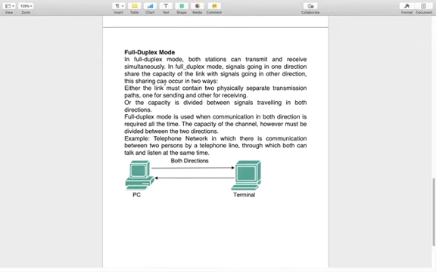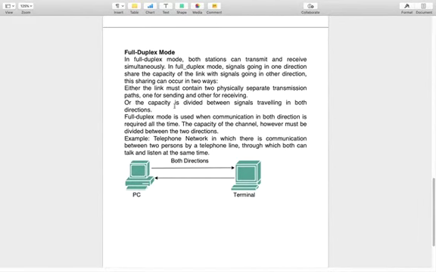This sharing can occur in two ways. First, the link must contain two physically separate transmission paths, one for sending the signal and the other for receiving the signal.